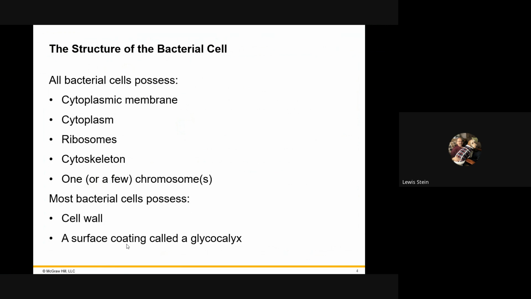There's a lot of classification and implication, particularly in ones that develop a thick shell of either sugar or a waxy material that we call a capsule. A capsule is a really large structure, and it makes it very difficult for our immune system to attack. That becomes a very significant, big, big player when we get down the road to respiratory diseases.